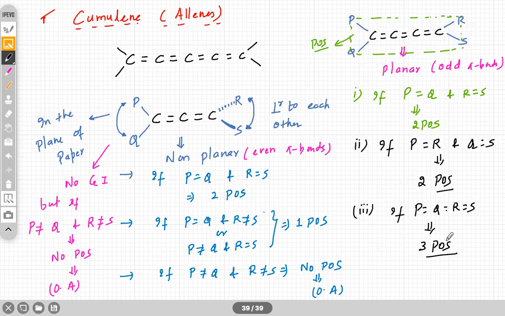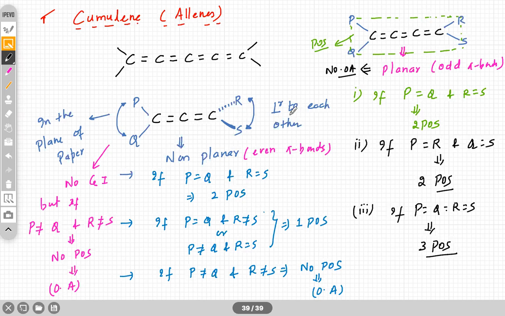So this depends upon what atoms or groups are attached to the terminal carbon, that is the double bonded carbon. Right, so these three conditions you must keep in mind. And when you have an odd number of cumulenes, because we always have a plane of symmetry, in this case we have no optical activity for odd number of cumulenes.